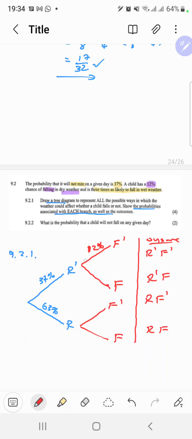That should be from 100 as well. Remember, this is packed here, so it should be 100 minus the 12%, which becomes an 88% chance of not falling in dry weather.